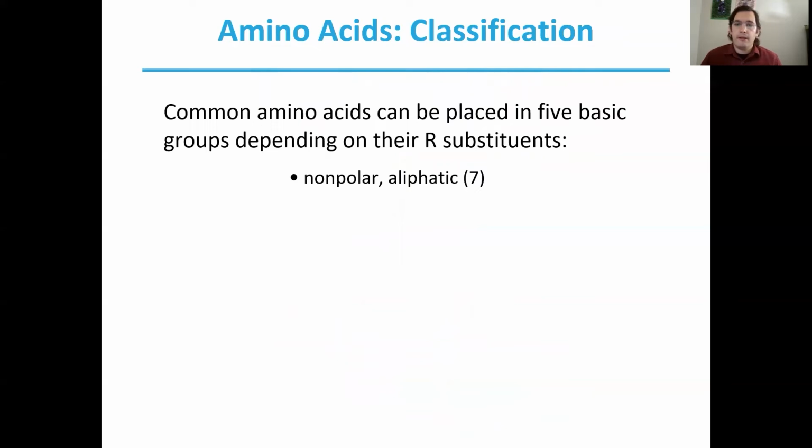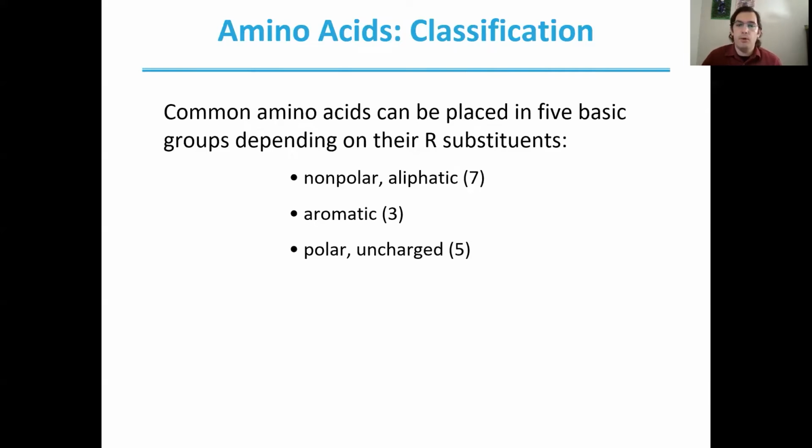So we generally break apart our amino acids into 5 different groups based on the structures of their R groups, their R substituents. We have amino acids with nonpolar aliphatic R groups. And I should be clear that nonpolar is just referring to the R group, not necessarily the amino acid overall. We have aromatic amino acids, which have an aromatic group within their side chain.